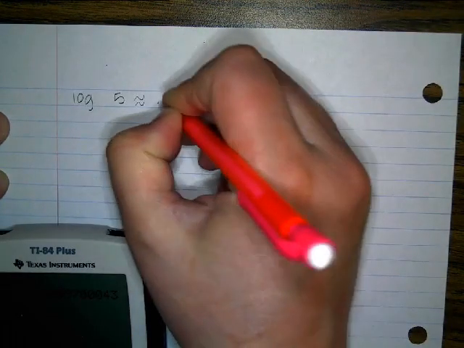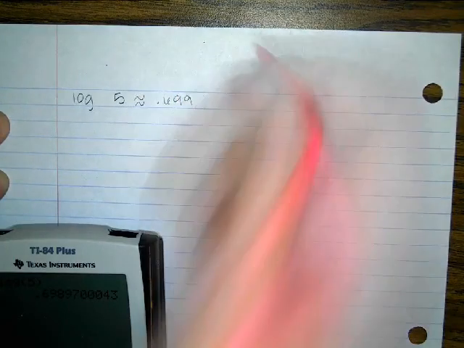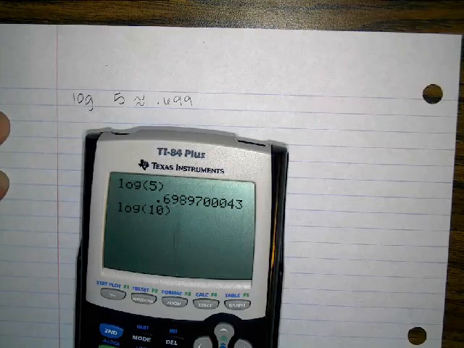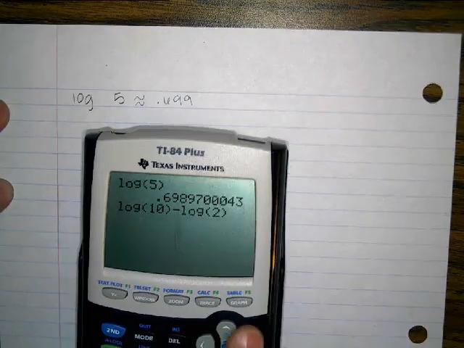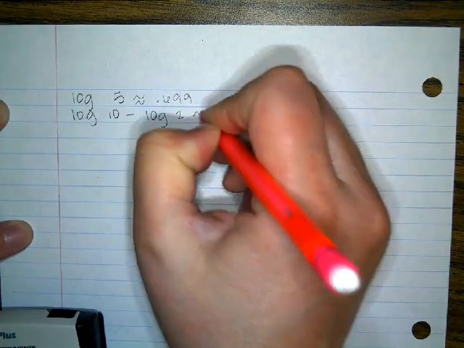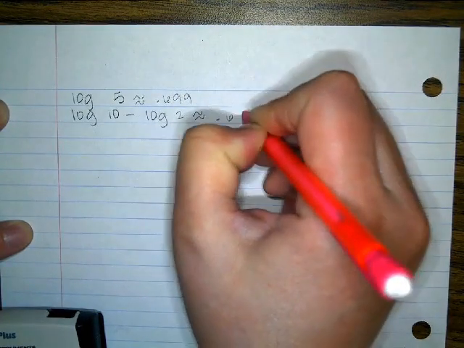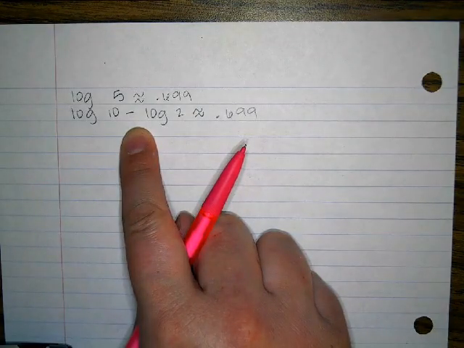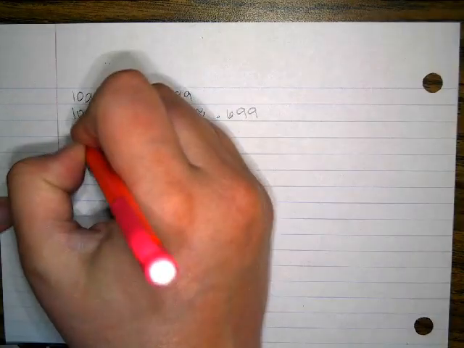Okay, what is log 10 minus log 2? Log 10 minus log 2. Okay, log 10 minus log 2 is the same thing. Okay, someone give me another one that you think would be the same thing. Log 25 minus log 5.